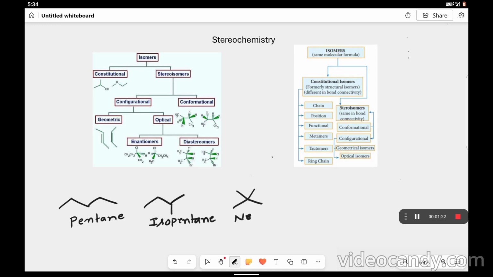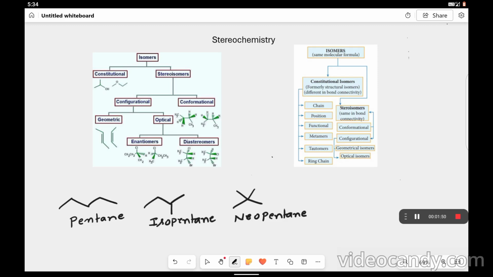This is neopentane. The carbon connectivity is different in each compound, leading to different compounds. That is called chain isomerism. Basically, in constitutional isomerism, the isomers differ in their carbon connectivity, but not in stereoisomers.